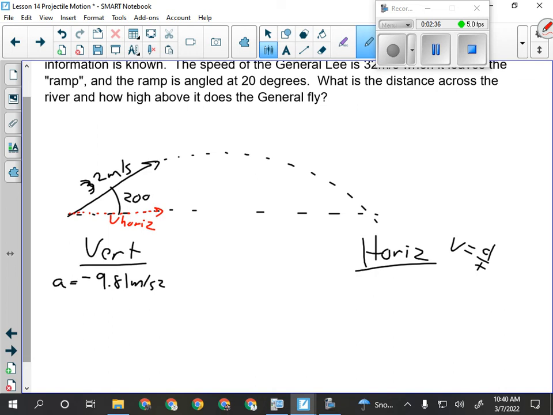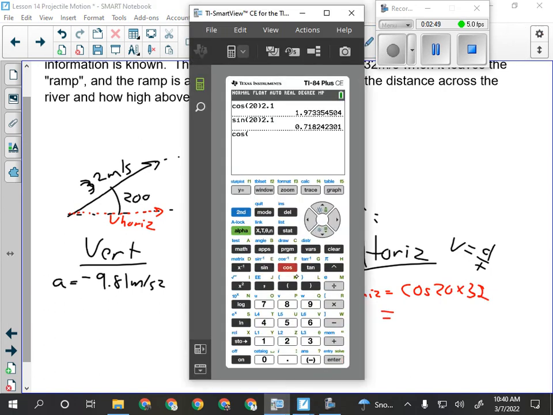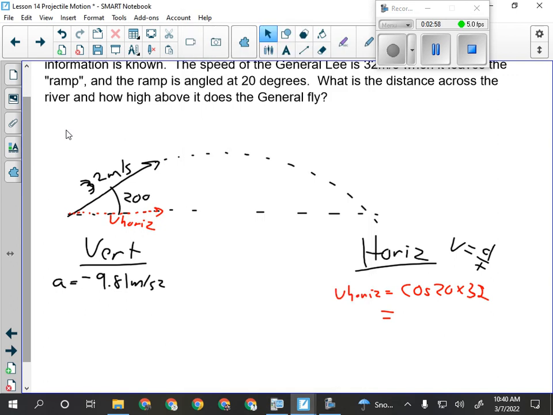The horizontal component we can calculate using trigonometry, so cos of 20 times 32. All right, so General Lee is moving horizontally at 30.07 meters per second as it flies through the air. That's all we know horizontally right now.